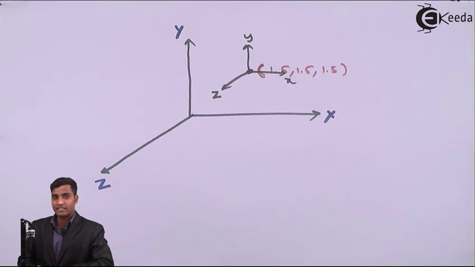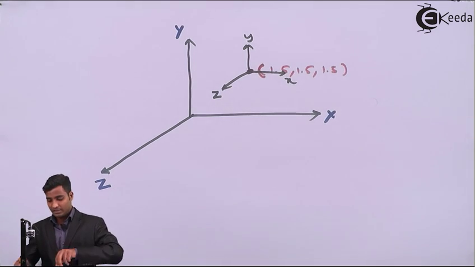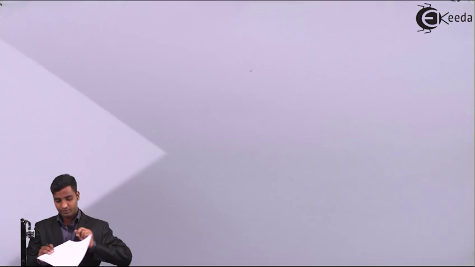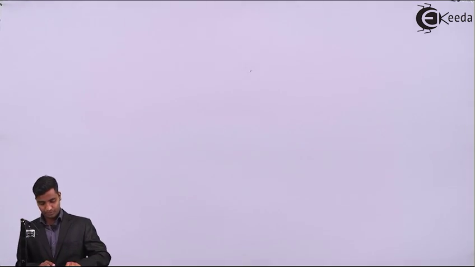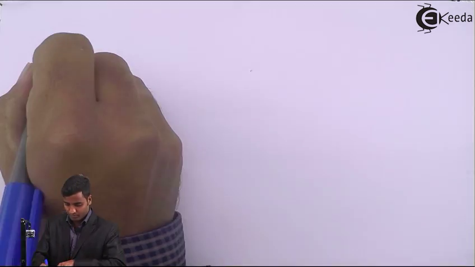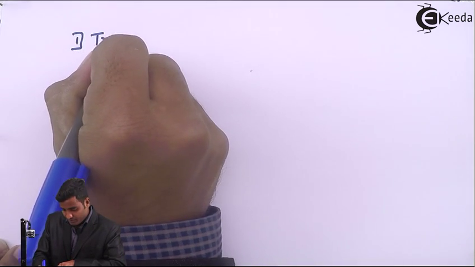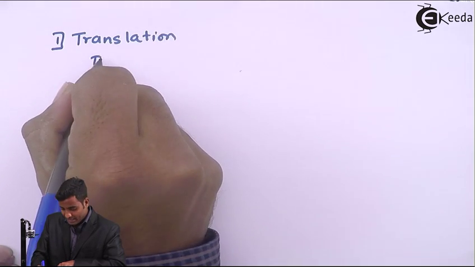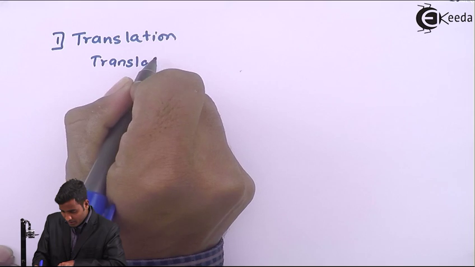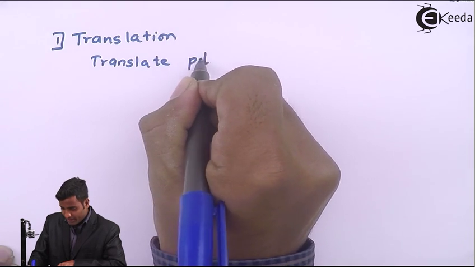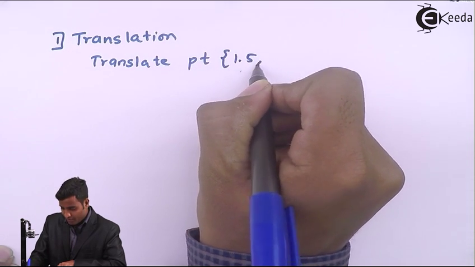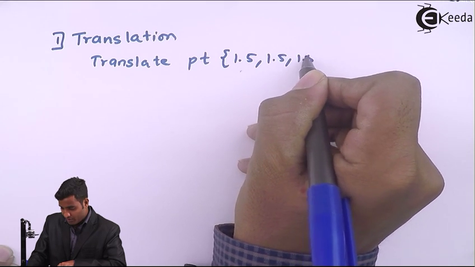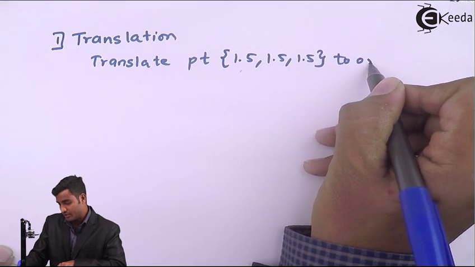So the first transformation we will do here is translation, where I will translate the point 1.5, 1.5, 1.5 to the origin.